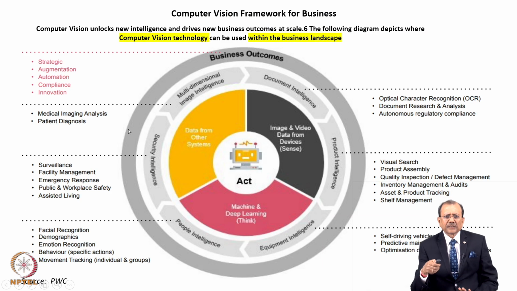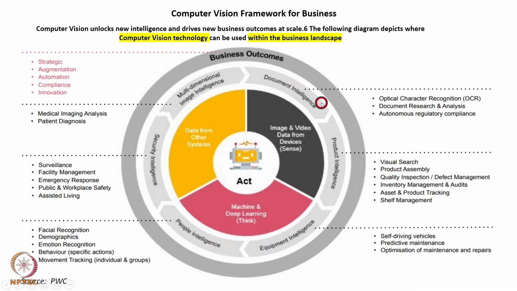Now, to summarize the computer vision framework use cases in a single slide, this is a very useful slide which PwC has published, showing that various kinds of applications are being used around computer vision and visual AI technologies. On one side, it is helping document intelligence. On the other side, product intelligence, equipment intelligence, people intelligence.